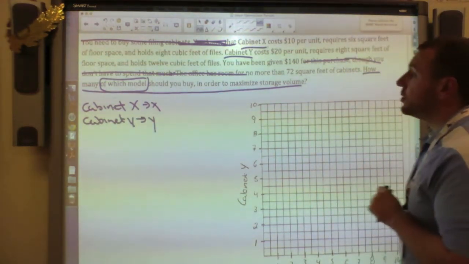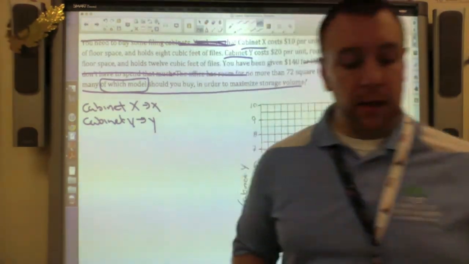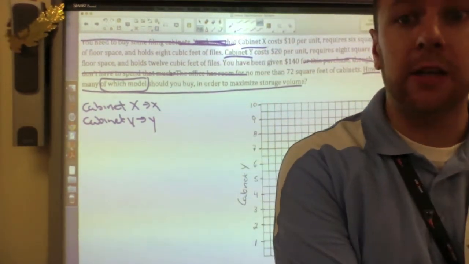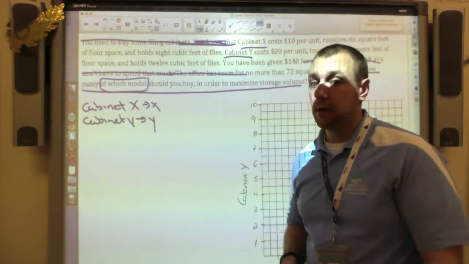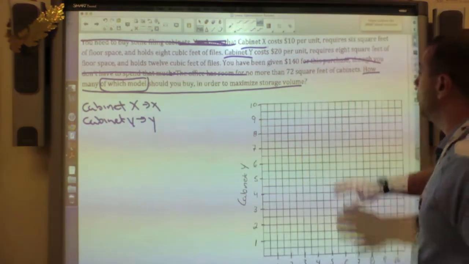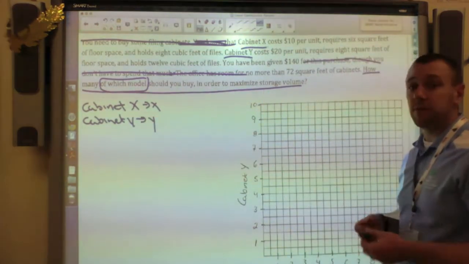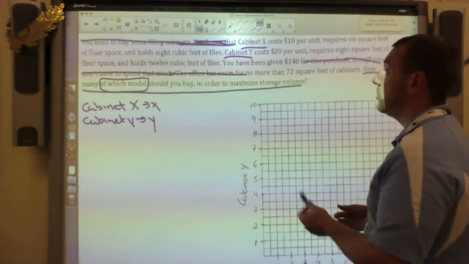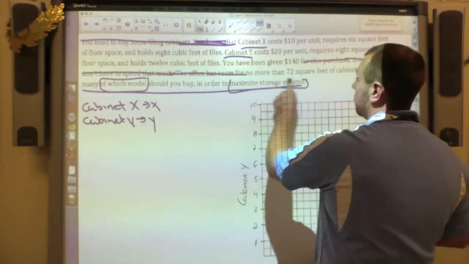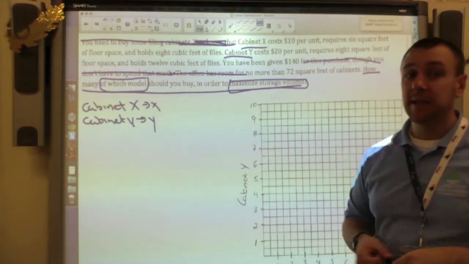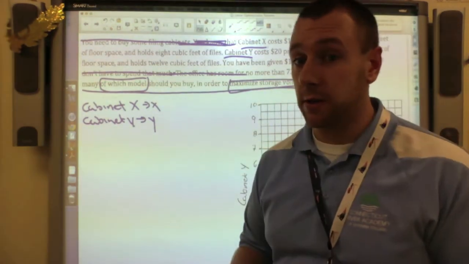All right. So, the other thing that you might have noticed, okay, is also what is underlined, okay? Because there's also very important stuff here: to maximize storage volume, okay? That is also part of the question, okay?